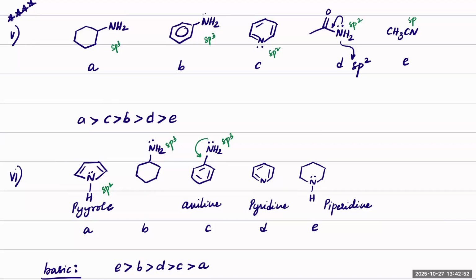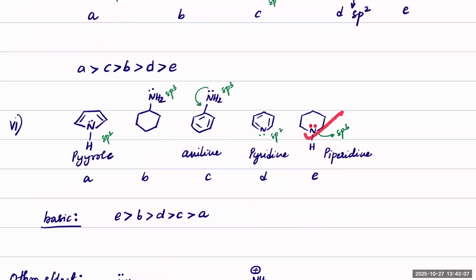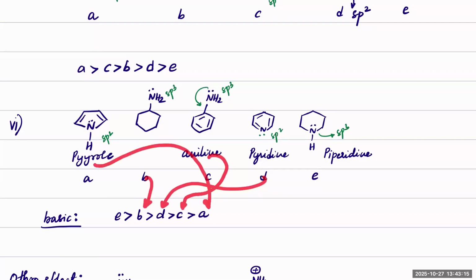And this is sp2 without resonance. This is completely sp3. Now remember, between cyclic and open chain, if your hybridization is the same, the cyclic will always have better basic character. So therefore, piperidine E will have better basic character than B, then D, then aniline C, and last comes pyrrole. This is the order.